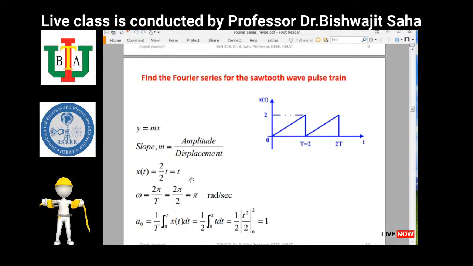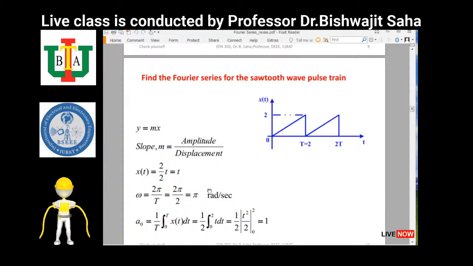Here x of t equals 2 by 2, into t. The T value is given here as 2, and the variable is t. So x of t equals t. We have got the function.